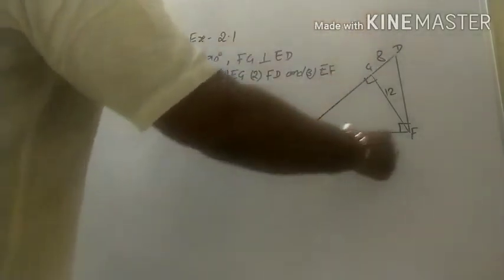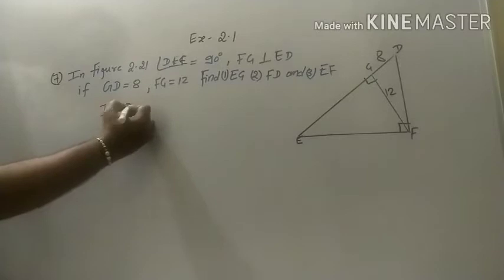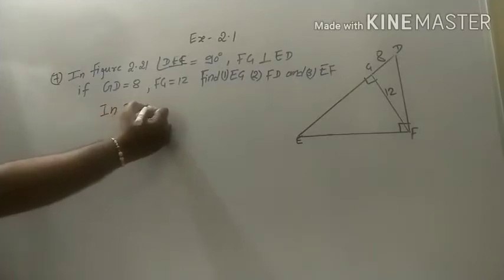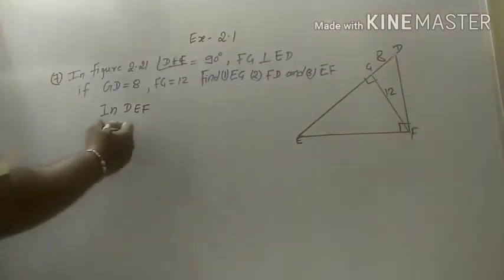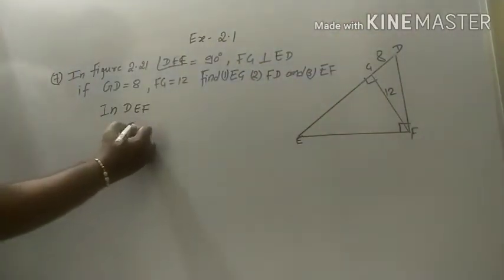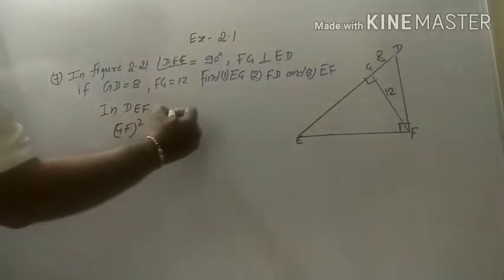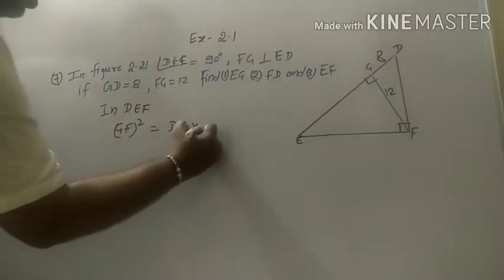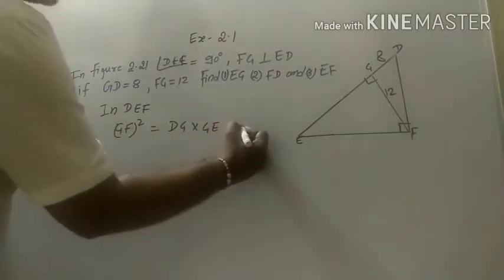So first we see this one in triangle DEF. GF square is equal to DG into GE. What is this?